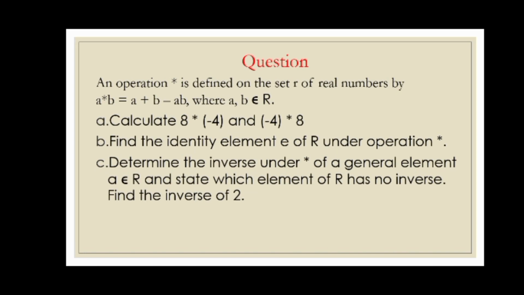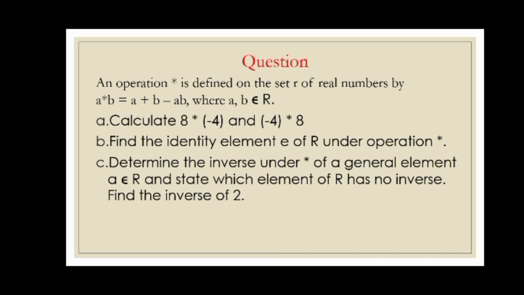An operation star is defined on a set R of real numbers by A star B is equal to A plus B minus AB, where A, B belong to R. Now you have to calculate 8 star -4 and -4 star 8. So two questions in just one question. Okay, B, find the identity element E of R under operation star.